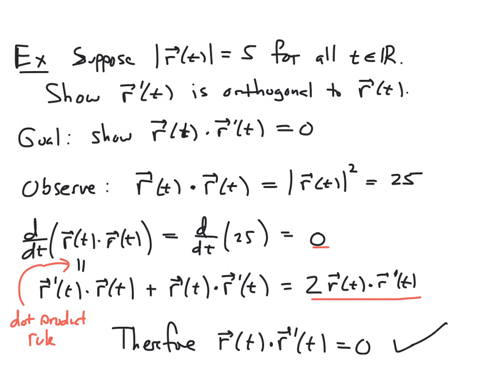We wanted to show those two vectors are orthogonal. And so by computing the derivative of the dot product of r with itself in two different ways, one using calculus 1, one using calculus 3, we're able to conclude that the dot product is 0, and therefore the vectors are orthogonal.